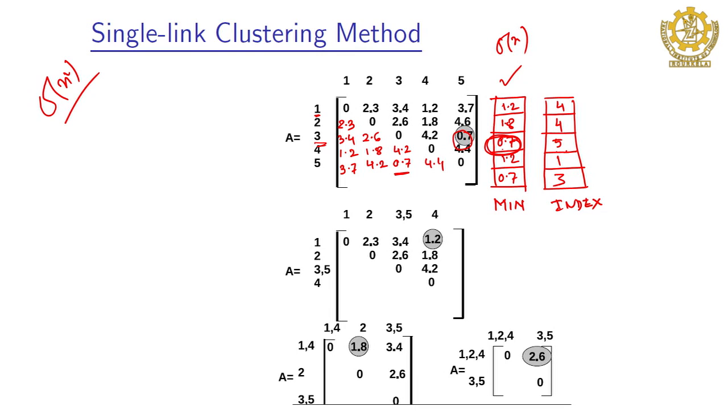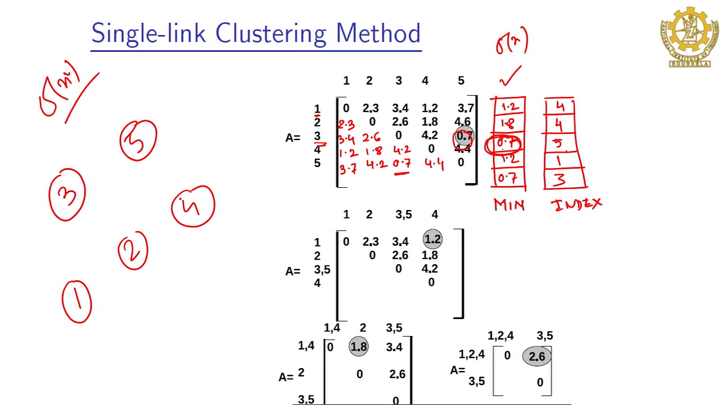And what is the next step? You have to update the distance matrix. Now here is an important point. There are 5 points: 1, 2, 3, 4, 5. When we merge clusters 3 and 5, there is no change in the distance between clusters 1 and 2, or 2 and 4.